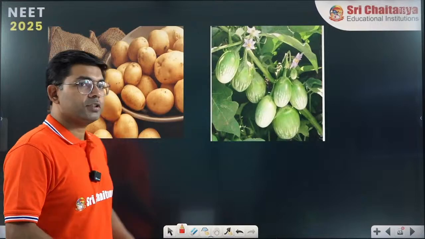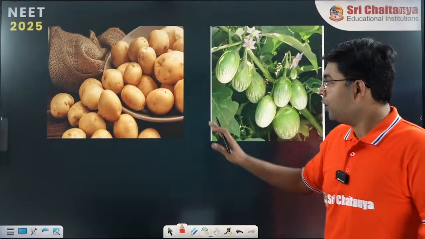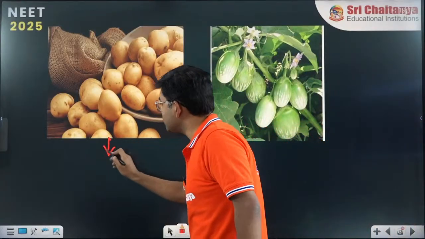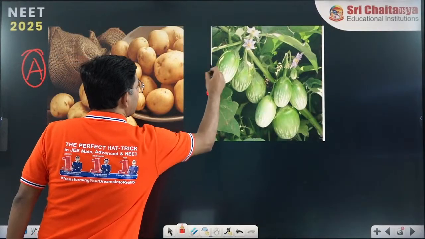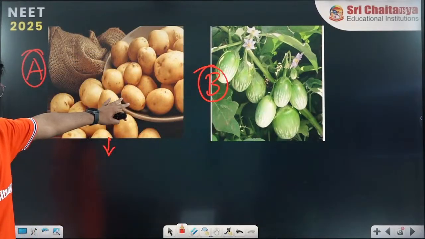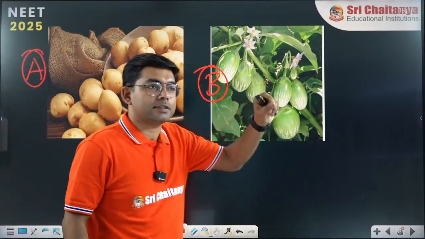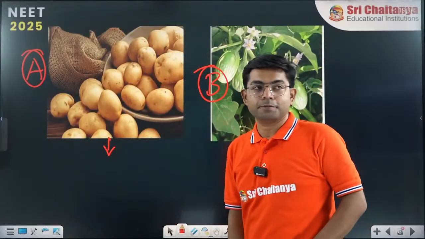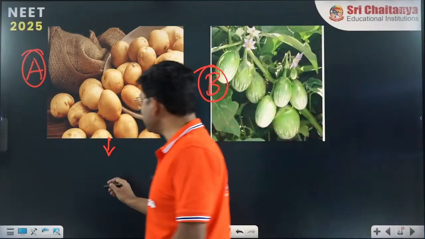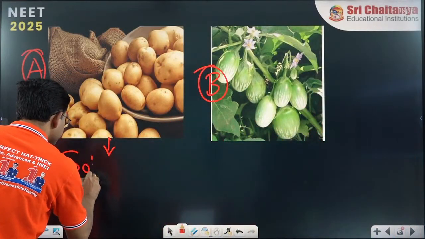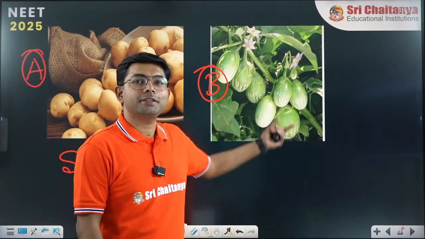Now this is a simple diagram-based question. You have to tell me the genus of, let's say I number them A and B. First you have to identify what this diagram is, and then tell me the genus. The genus of A is Solanum. What is this? This is brinjal.